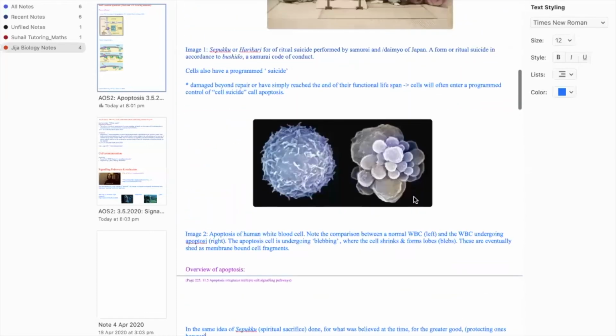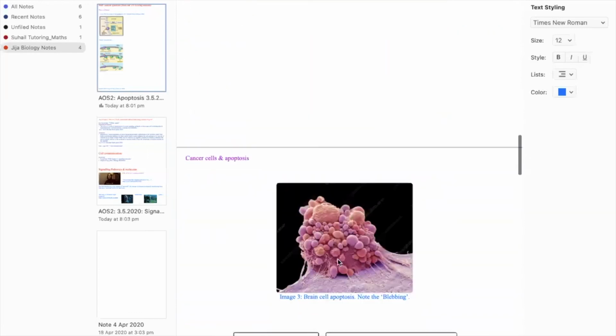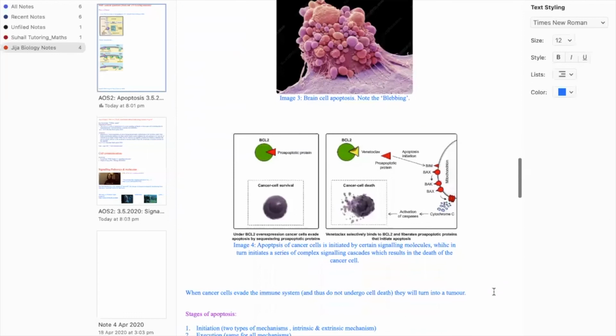And as we saw in the white blood cell, the same process is happening in cancer cells as well. Okay. So obviously we don't need to go into detail as to the specific mechanisms that are initiated during apoptosis, but we just need to appreciate that it is complex and that there is a series of steps that occur.